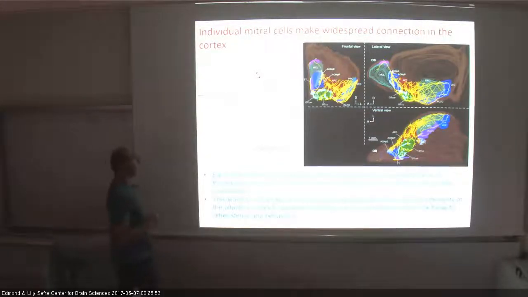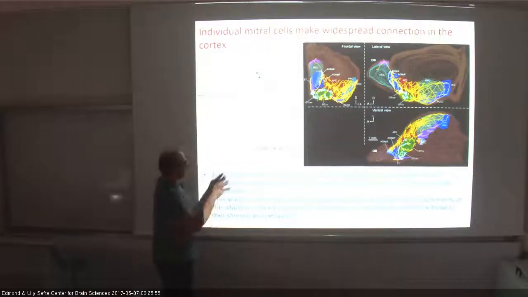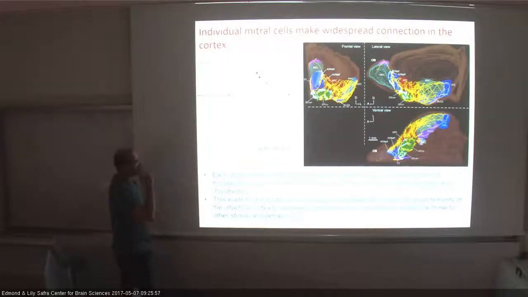Okay. So this kind of data gives us our current view of the piriform cortex as an integrator region that can be sensitive to combinations of odorants.